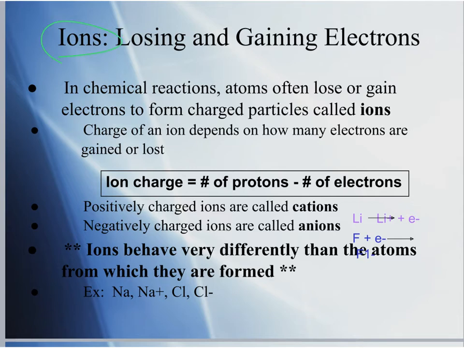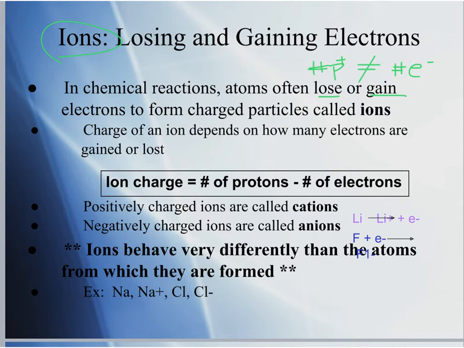So ions are atoms that lose or gain electrons to form charged particles. So there is either going to be negative charges or positive charges in these because there's no balance between protons and electrons anymore. So we can say the number of protons is not equal to the number of electrons in ions. The charge is going to depend on how many electrons are gained or lost.